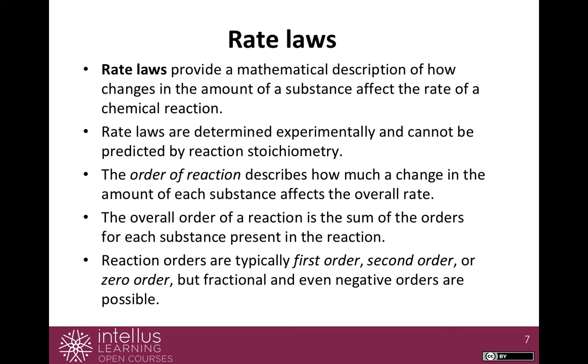We also talk about overall order and individual species order. So the order is typically first order, second order, or zero order. However, you can have fractional and even negative orders. And negative orders indicate that the reverse reaction is favored rather than the forward reaction.